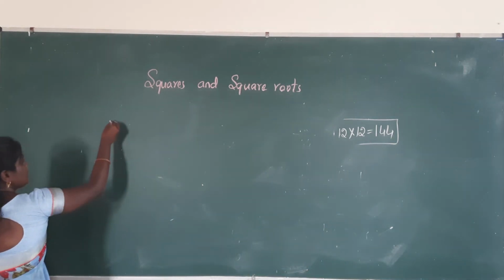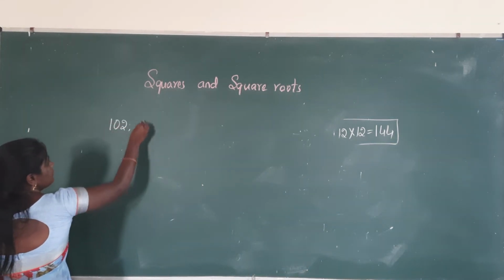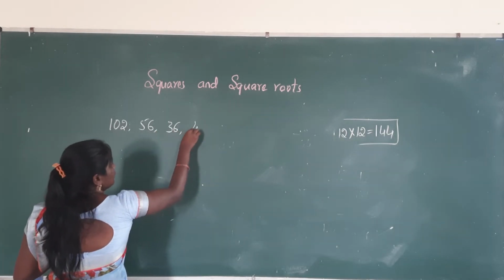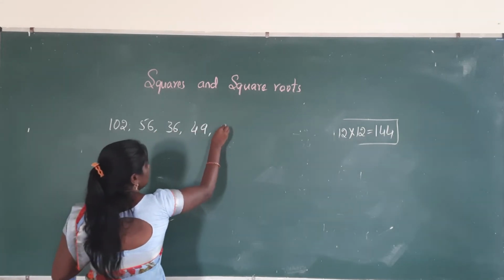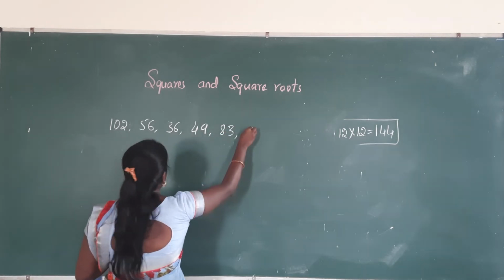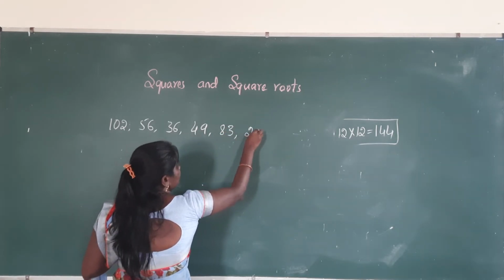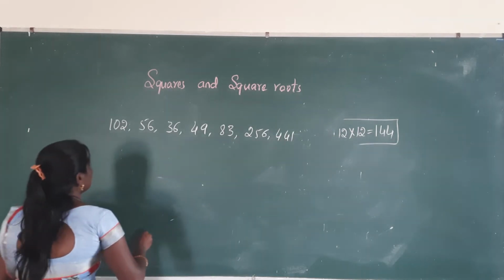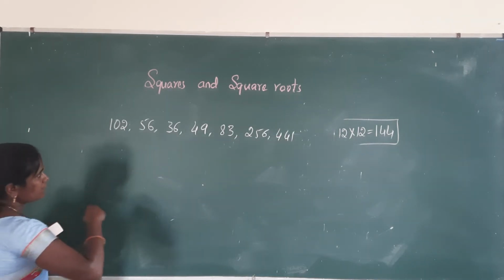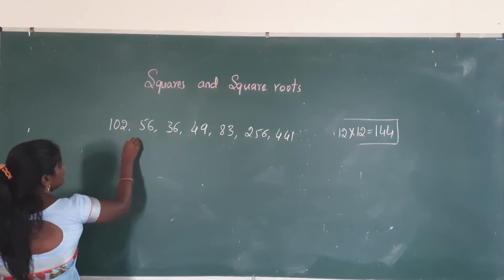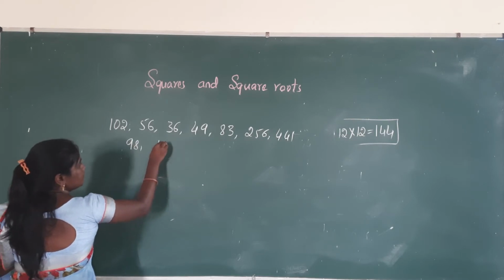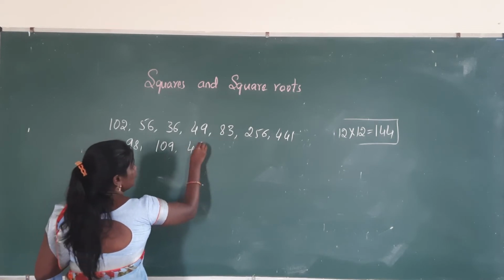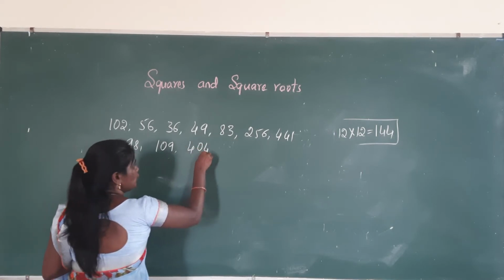If some numbers are given: 102, 56, 36, then 49, 83, 256, 441, then 98, 109, 404.